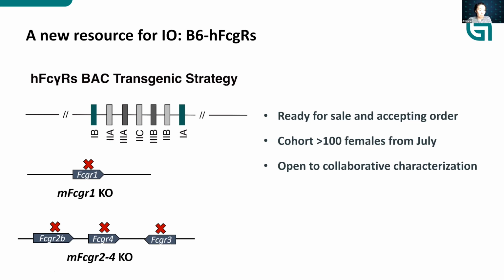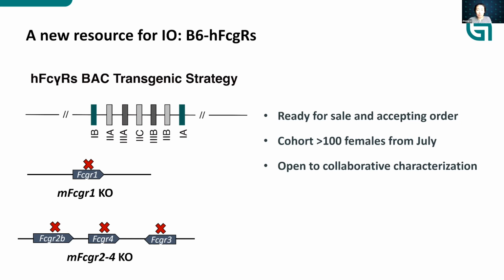We expect the production scale to go up to 100 female animals in July. So remember, this is not a trivial effort. These animals have double knockouts on the mouse side and a transgene on the human side.